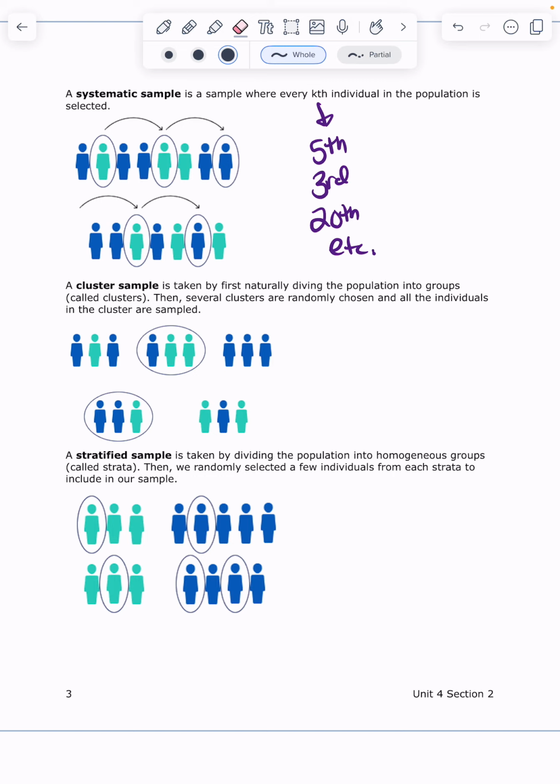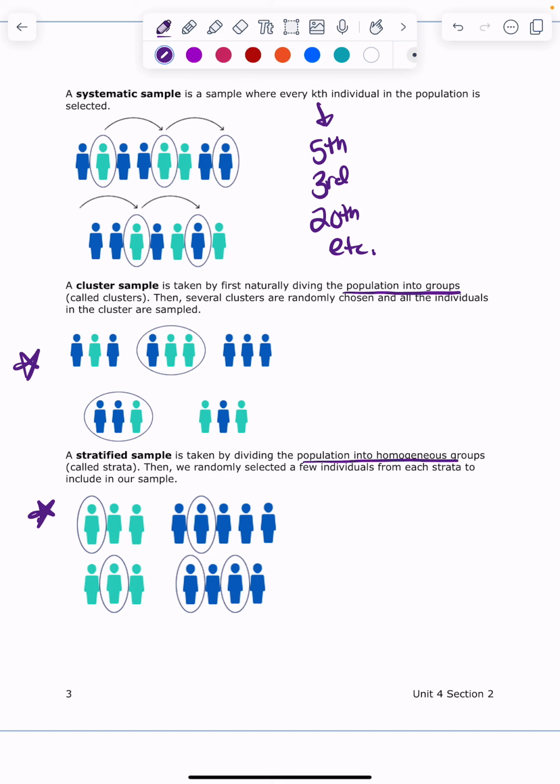Now, cluster and stratified are the two most difficult ones to distinguish because in both of them, you're dividing the population into groups. With stratified, you're dividing the population into homogeneous groups, meaning groups that are the same, like maybe by gender. We used to say that, but I don't think that's fair because there's more than 2 genders. There'd be male, female, transgender, non-binary, etc. Anyway, the groups would be the same.